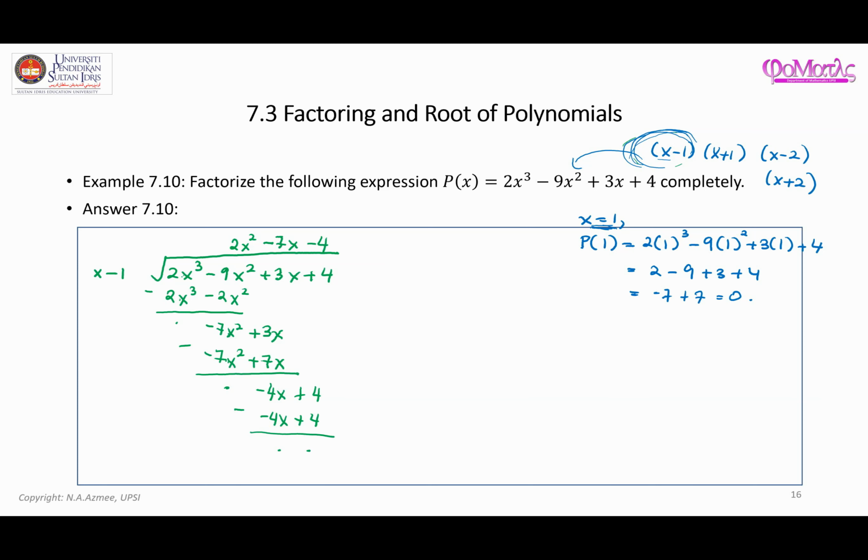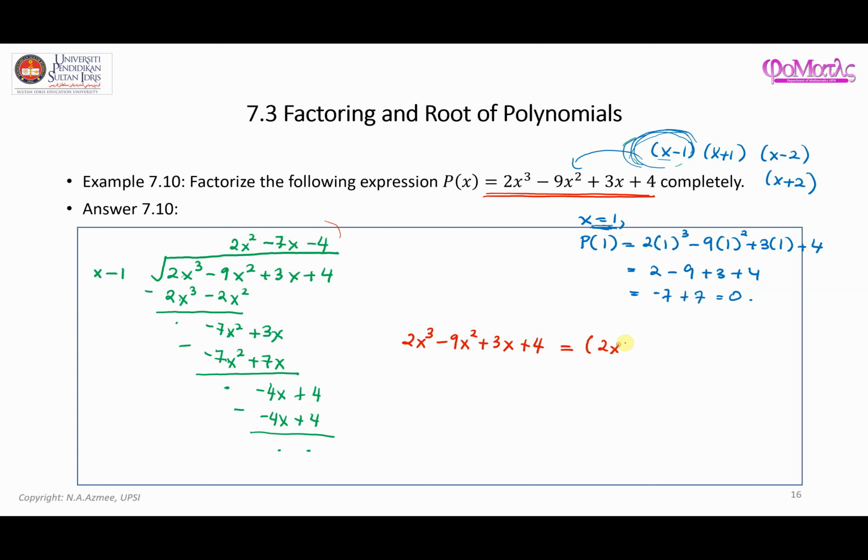So based on this, I can see that the expression here can be factorized into, okay, I'm going to write down the original expression, 2x cubed minus 9x squared plus 3x plus 4 can be factorized into q times d, quotient times divisor.